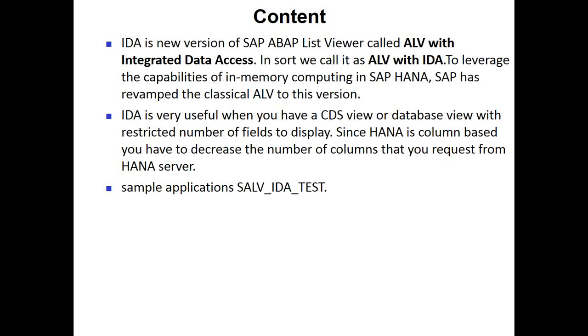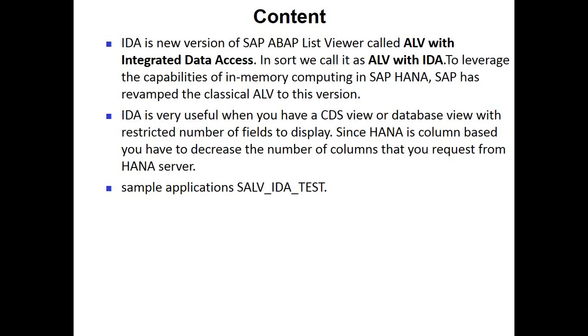Here in ABAP, in the normal traditional ALV, all the data is transferred to the application server. From the application server, only whatever field catalog you designed will be shown as output. But here, whatever is selected and whatever is shown, both are the same.